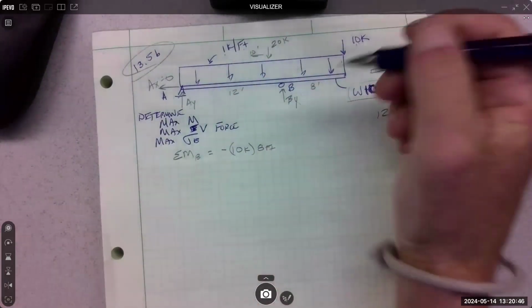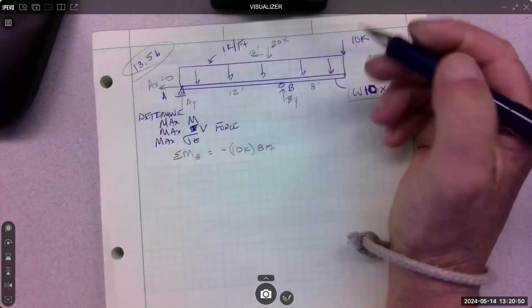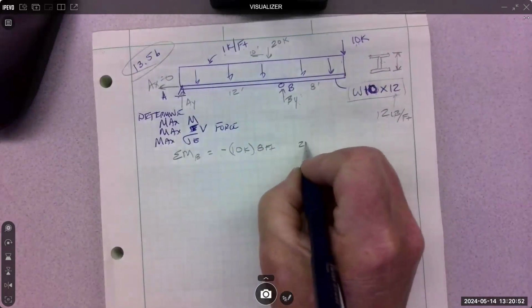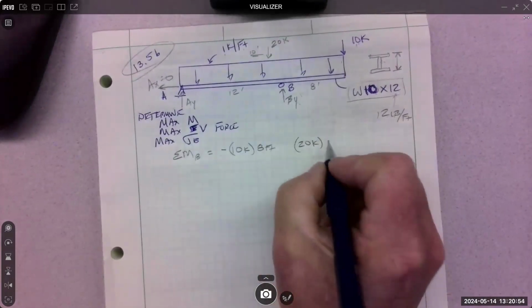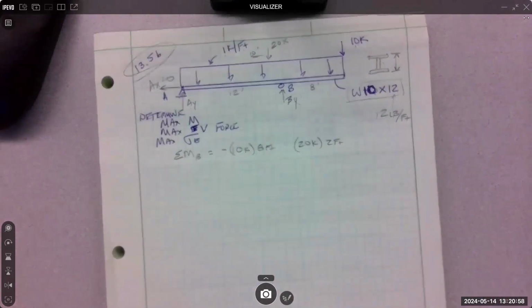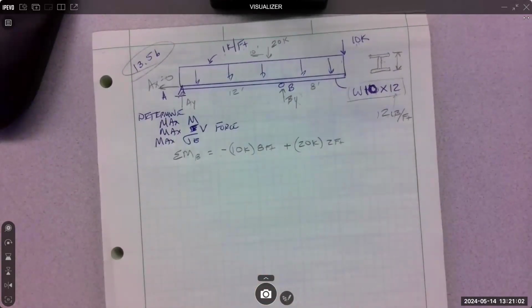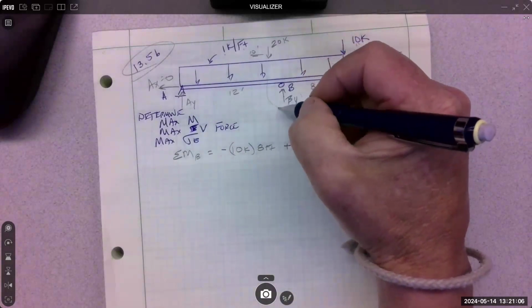Which means it's like how far from B? 2 feet, yep. So it's going to be 20K times 2 feet. And that rotation is positive. Comes down here, rotates around that one.